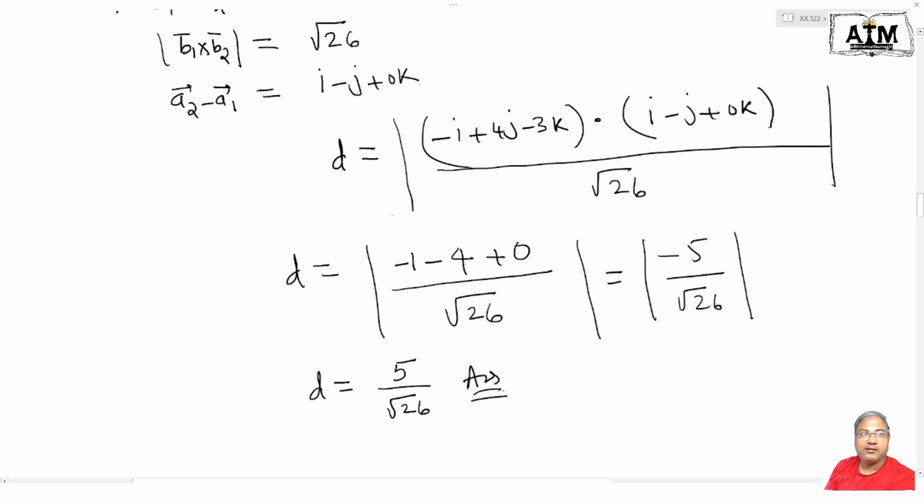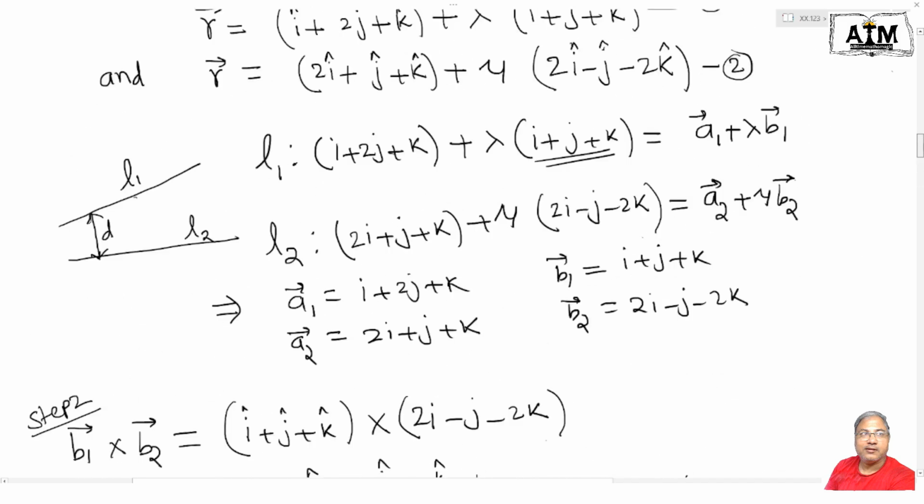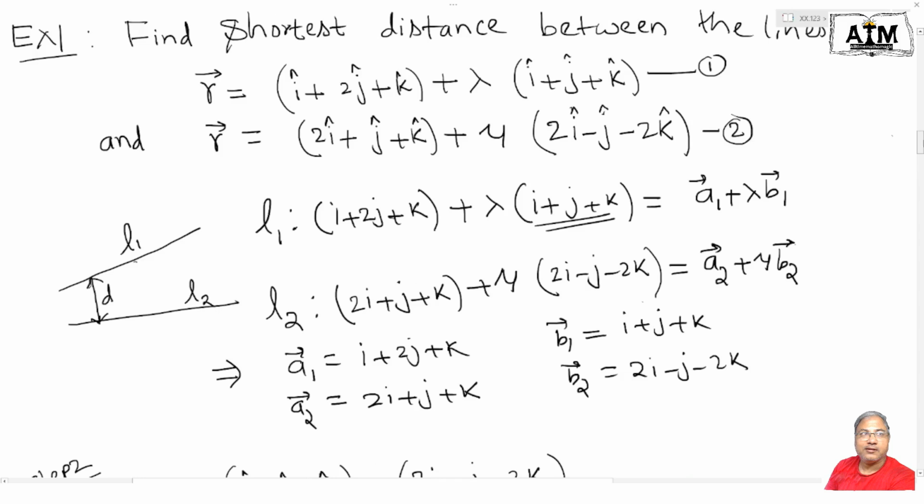This is the distance between the given two skew lines. So here we had two lines, and this is the distance D, and this distance is nothing but 5 divided by root 26 units. So this is the required solution.